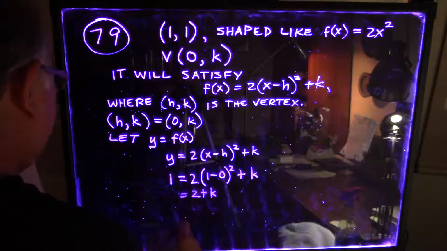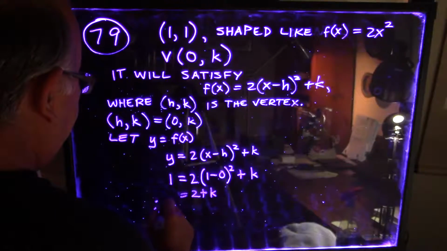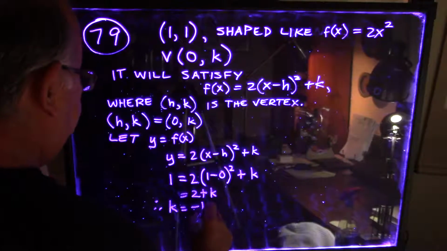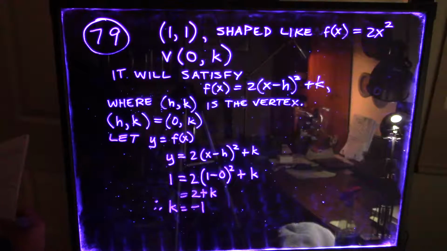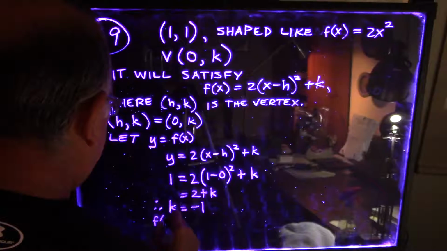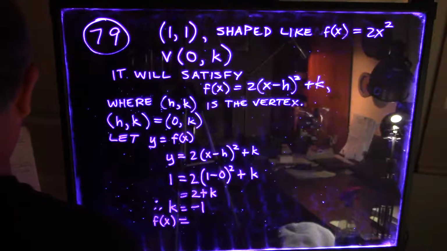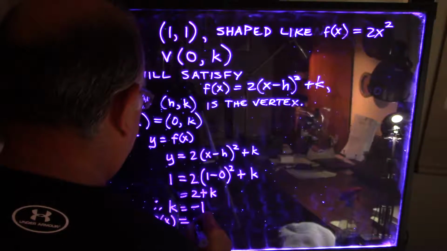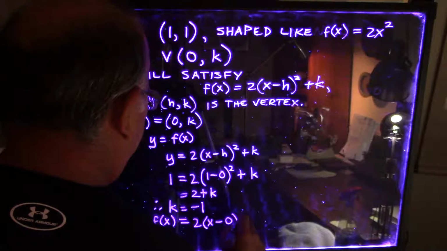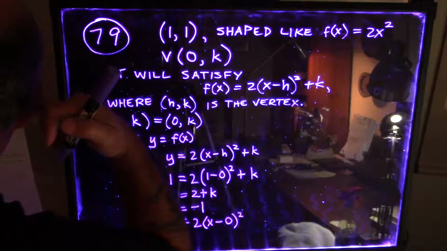Subtract 2 from both sides, you get k equals, therefore, k equals negative 1. Okay, so that means we have f of x, going back to the standard form, 2 times x minus 0, again h is 0, squared, and then k is negative 1.